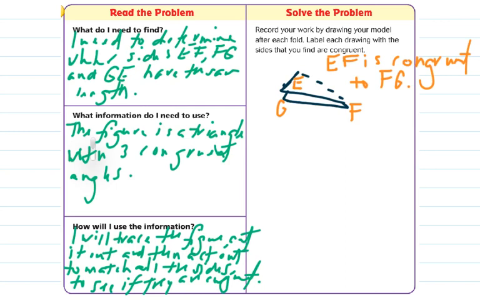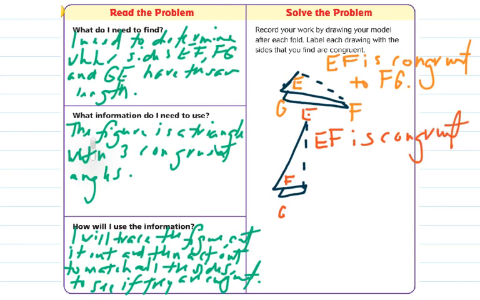Next, what we're going to do is we're going to show our other fold. So our next fold would be by the diagonal line, and then underneath it we have the fold that is hidden by the original fold. So we have F, and then we have G. And when we fold that, we can see that EF is also congruent to EG.